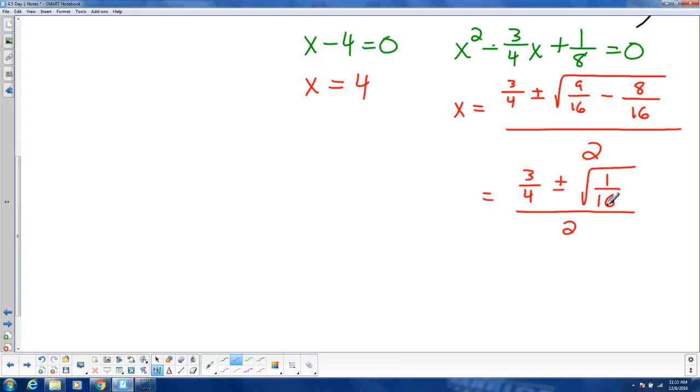Square root of 16 is 4. So this is 3/4 plus or minus 1/4 all over 2. Break it out. Plus, what is 3/4 plus 1/4?